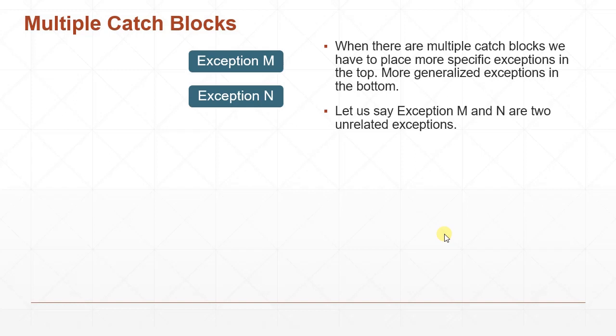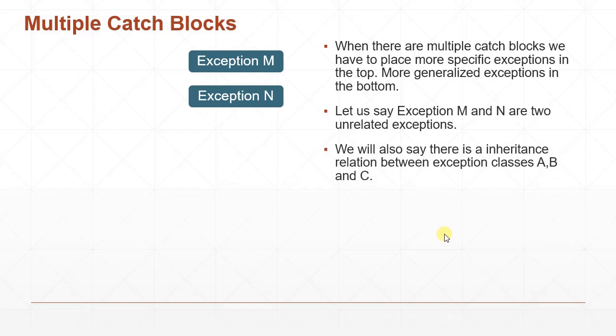So here exception M will have a base class of Exception, and exception N also will have the same base class of Exception. Or in other words, exception M and N are derived from Exception, but M and N are not related to each other because they don't have any inheritance relation. So we will have this assumption first.